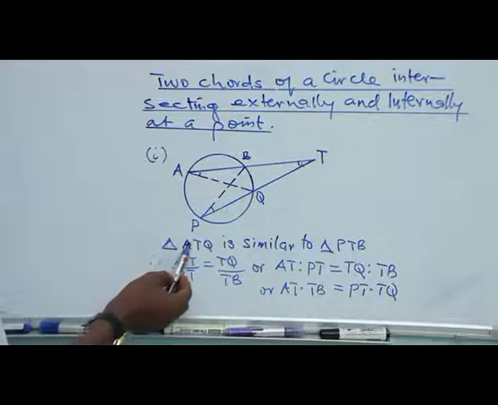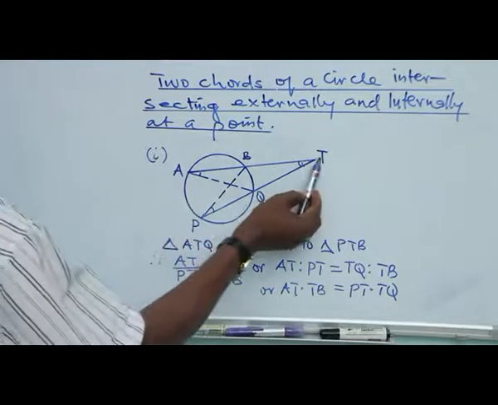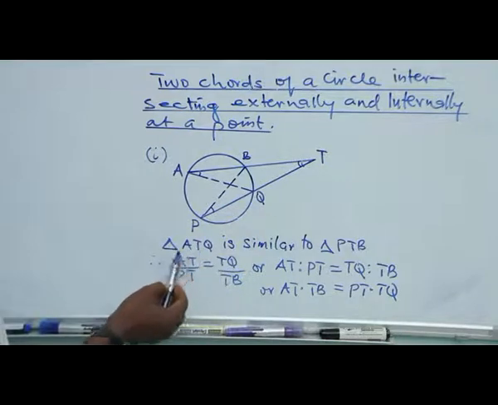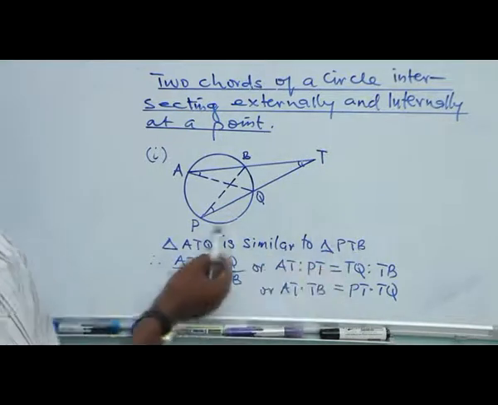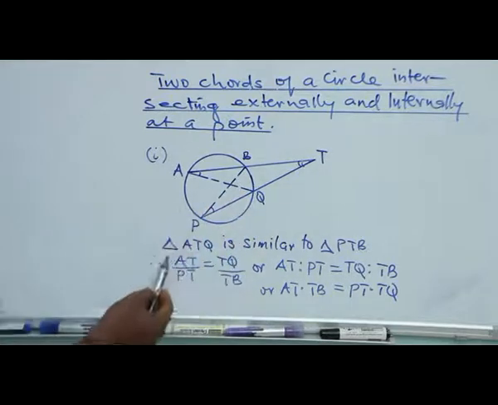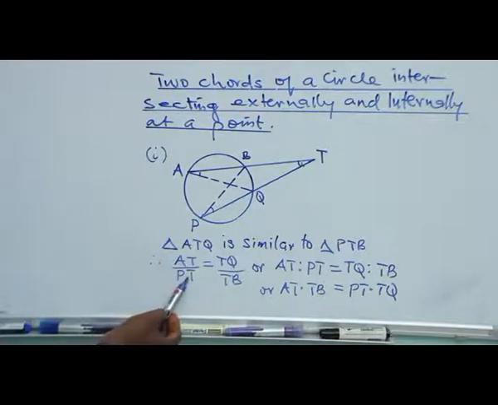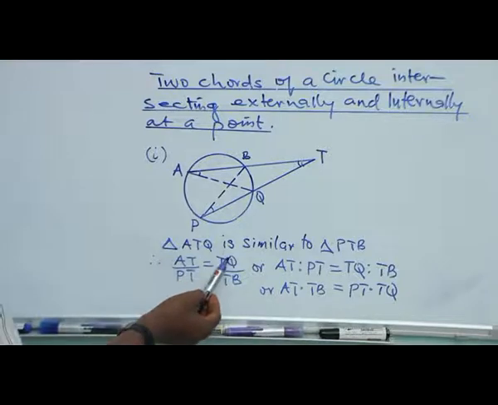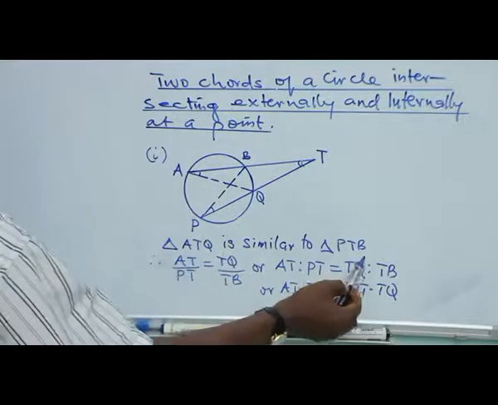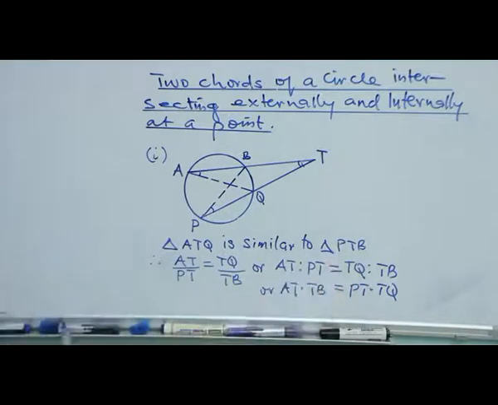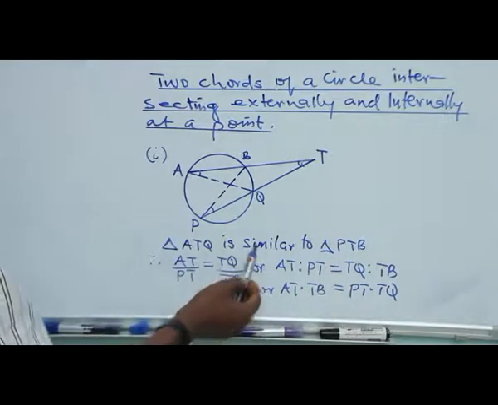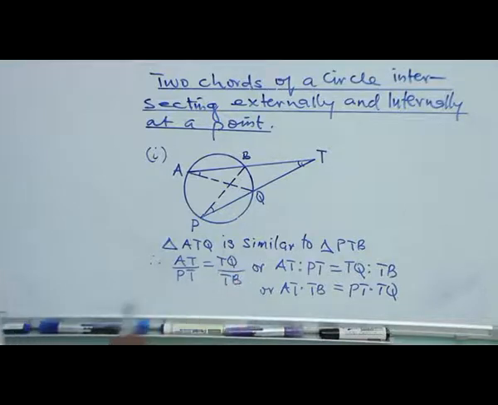Now, triangle ATQ and triangle PTB are similar triangles. And because they are similar, the ratio of their corresponding sides will be equal. Taking two of such ratios, AT all over PT is equal to TQ all over TB in the according order of similarity. Of course, we know that AQ is also all over PB.